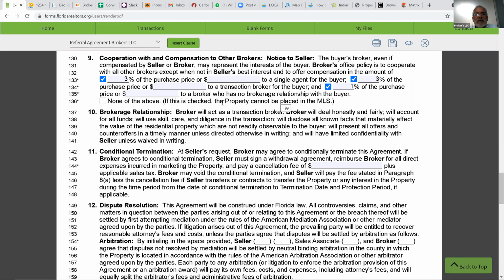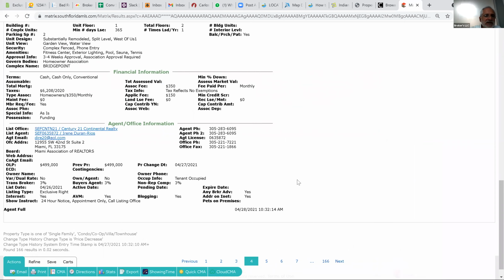Okay, let's see what it says in this listing. If you see right here, it says transaction broker 3%, buyer's agent 3%, non-rep comp 3%. This non-rep is exactly what we were talking about before, the no brokerage relationship.